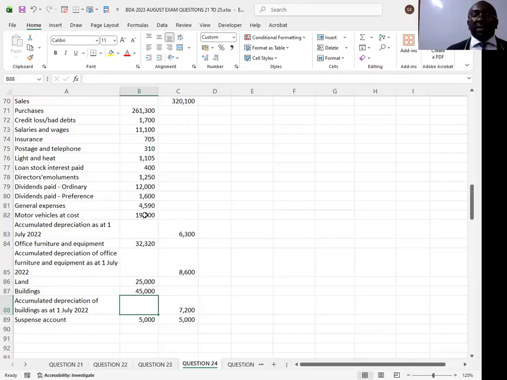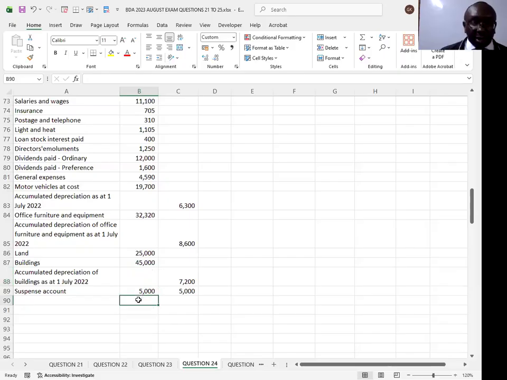And it represents a figure that you are not aware where it's coming from, where it went. So you just put it there so that the trial balance balances and you proceed. But as you proceed, if you discover what you had missed, you come now and remove it. So as at now, we will seek to balance, then it will tell us whether this is debit or credit.